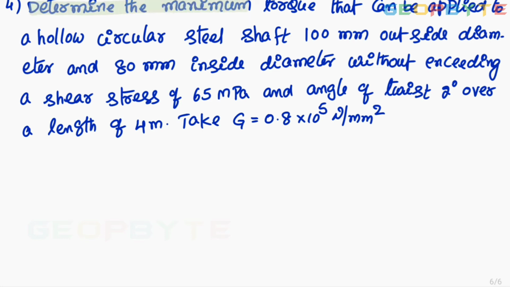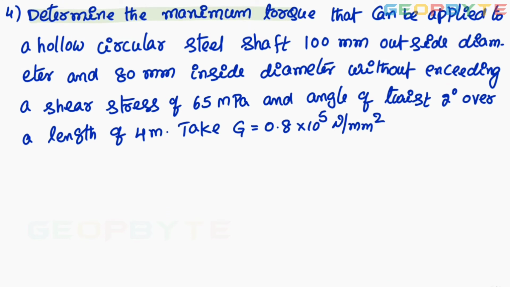Determine the maximum torque that can be applied to a hollow circular steel shaft 100 mm outside diameter and 80 mm inside diameter without exceeding a shear stress of 65 megapascal, and angle of twist is 2 degrees over a length of 4 meters. Shear modulus given 0.8 into 10 power 5 Newton per mm square.